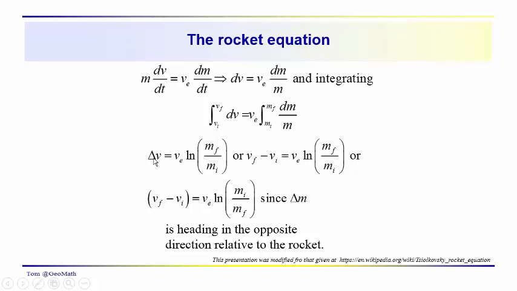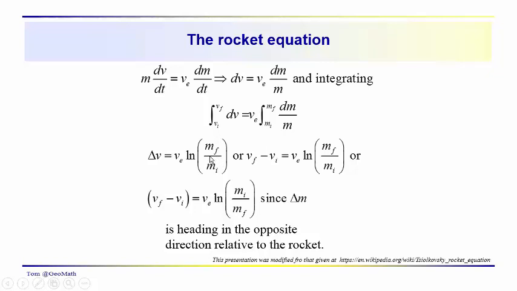That gives us a change in velocity, delta v, this is just going to be v sub f minus v sub i, times the exhaust velocity. And we know that this integral is, if you remember back to some of our earlier discussions, the integral of dm over m would just be the natural log of m sub f minus the natural log of m sub i.